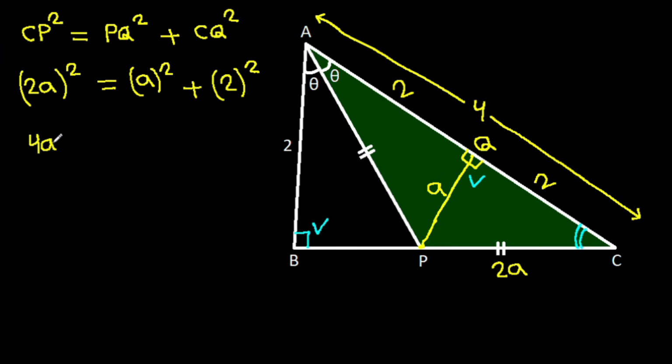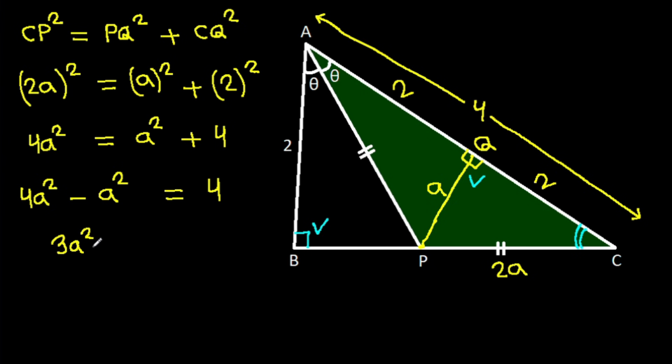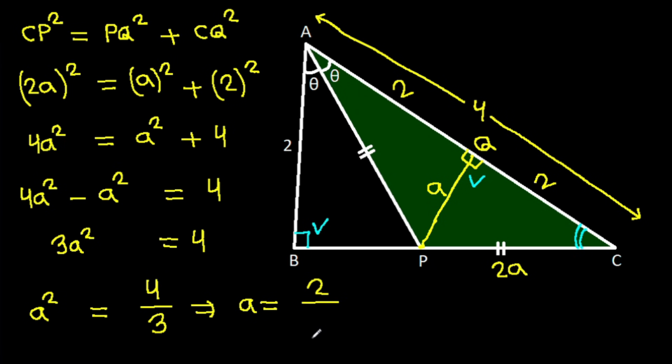So 4a squared is a squared plus 4, and 4a squared minus a squared is 4, so 3a squared is 4. So a squared will be 4 divided by 3. That means a will be 2 divided by root 3. We get a is 2 divided by root 3.